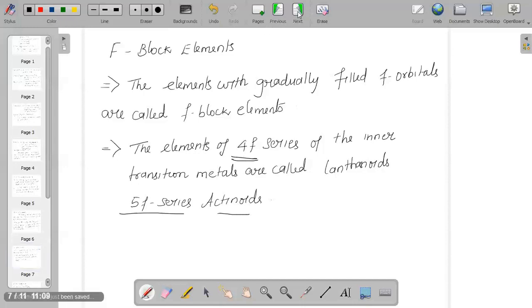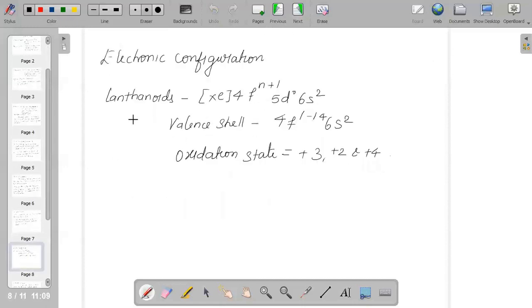And when we talk about the basic electronic configuration, for example, the electronic configuration of lanthanides is [Xe] 4f^(n+1) 5d^0 6s^2, or you can also say [Xe] 4f^n 5d^1 6s^2, and they have the tendency of exhibiting an oxidation state of +3, +2, and +4.